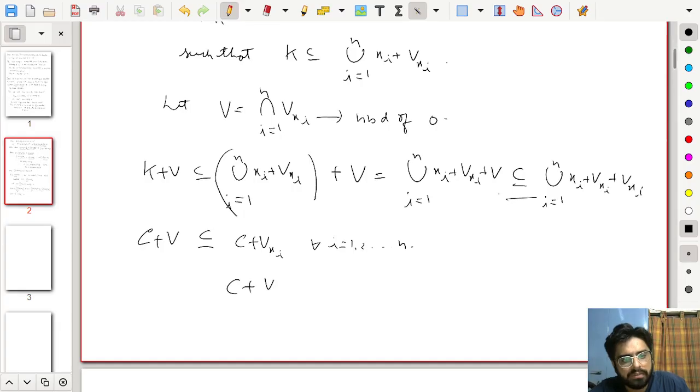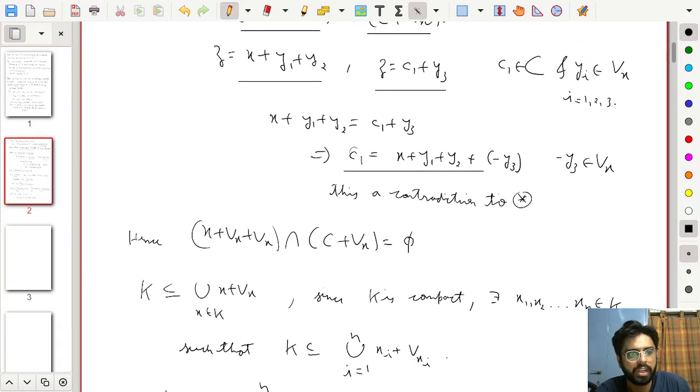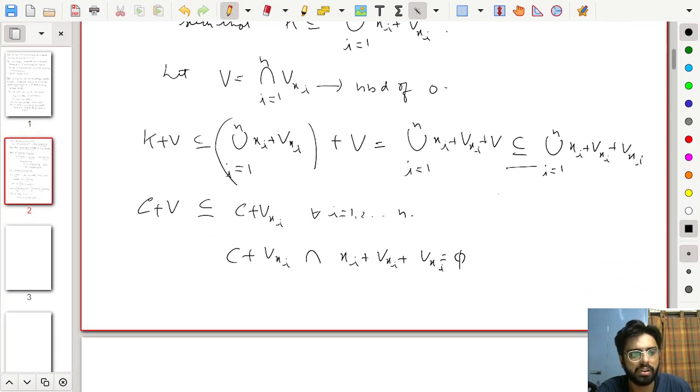And C plus V_xi intersected with xi plus V_xi is empty, right? Why is it empty? It's empty because we showed it is true for each x in K, and the xi's are elements of K.